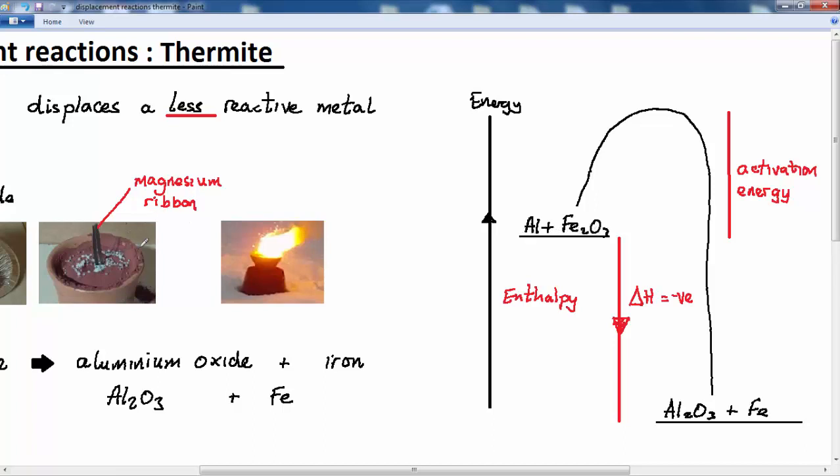So these are used really to get the reaction going. But once the reaction is going, there's enough enthalpy, heat released from the actual reaction itself, just to keep the thing going. So we only really need this to get over the initial activation energy.